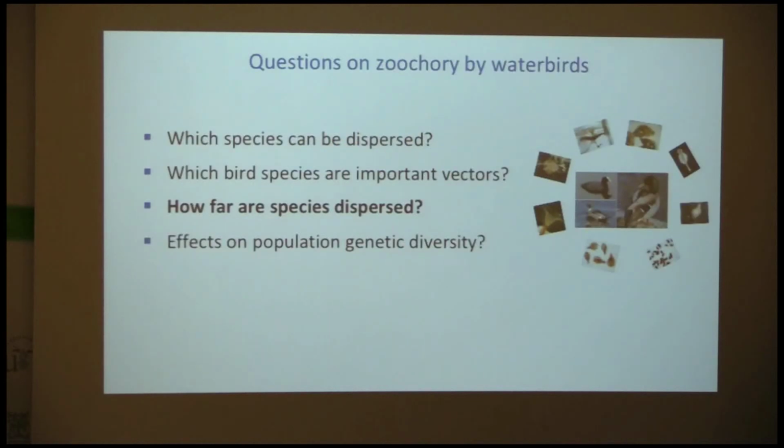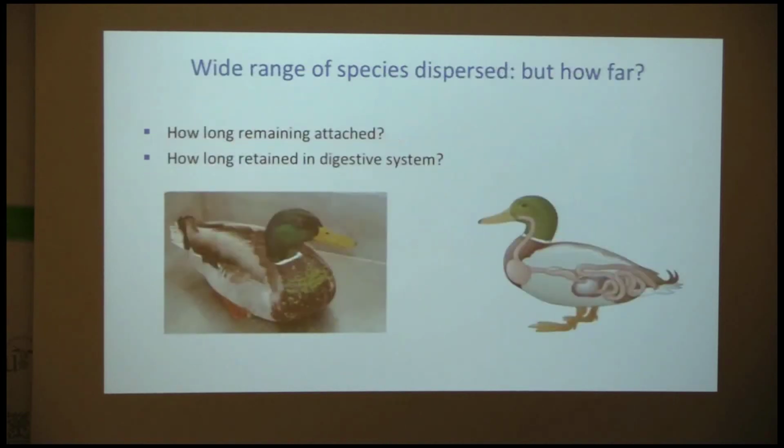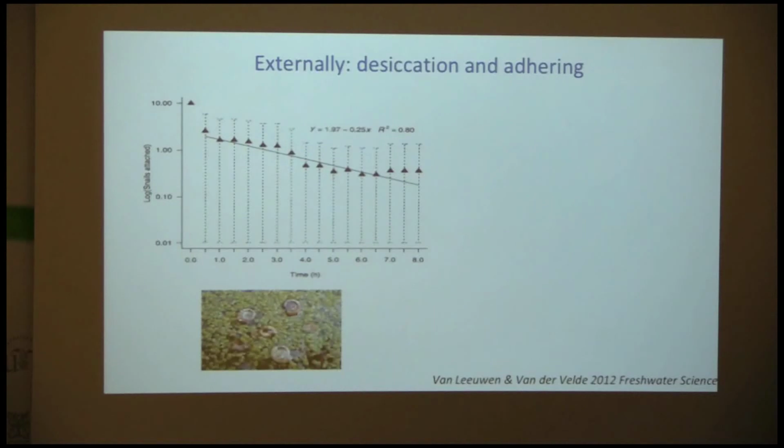So now I've shown that many invertebrates and seeds can be transported by many types and kinds of waterbirds. We can ask how far would they actually be transported? Well, that depends on how long they remain attached, but also how long it takes for them to pass through the digestive system. If you remember this graph, the snails attached by mud just stayed on endlessly until we stopped the experiment.